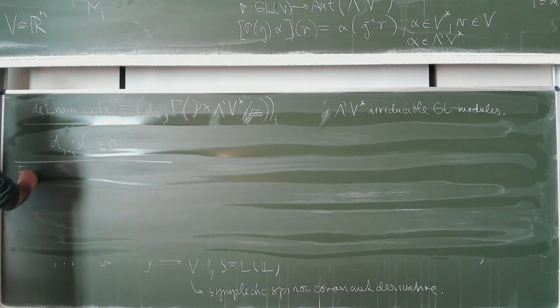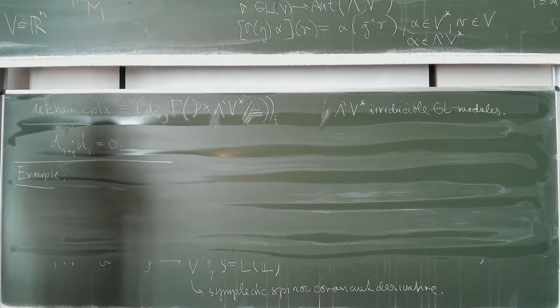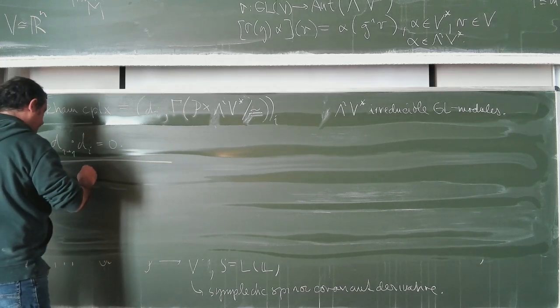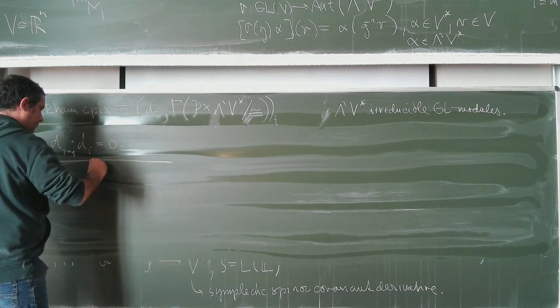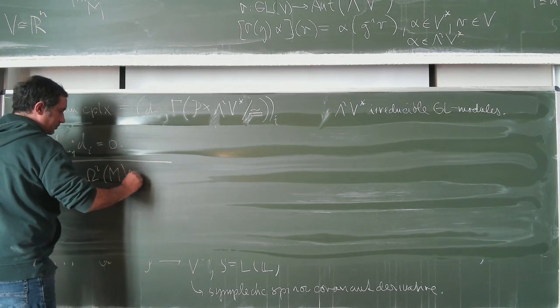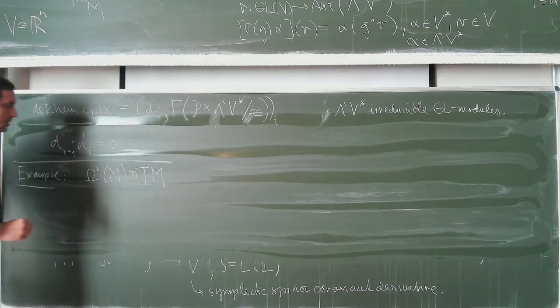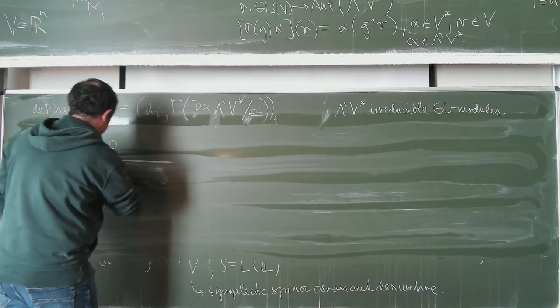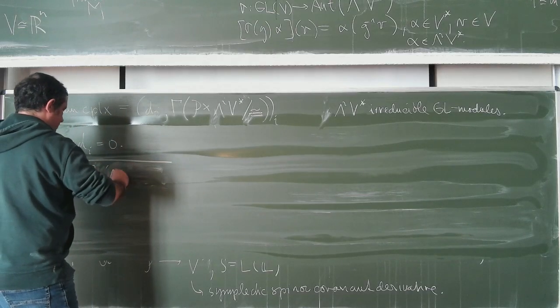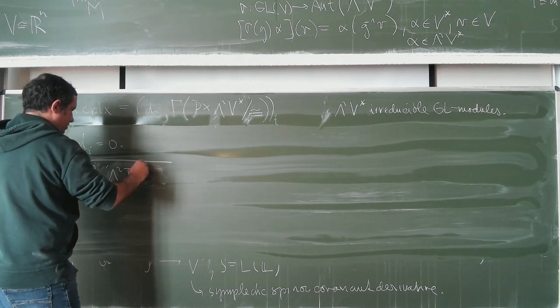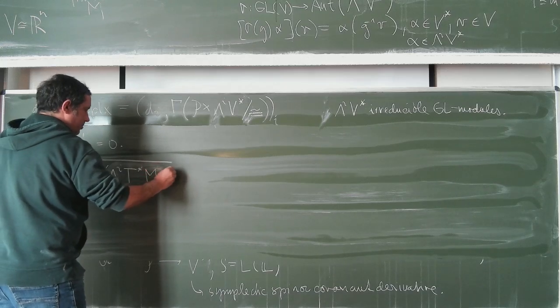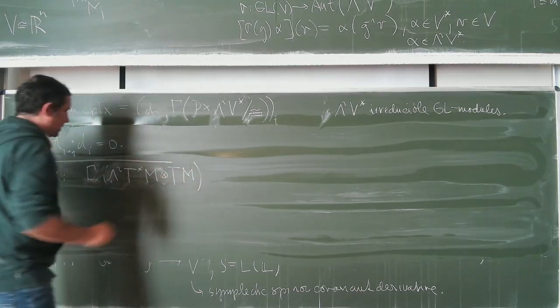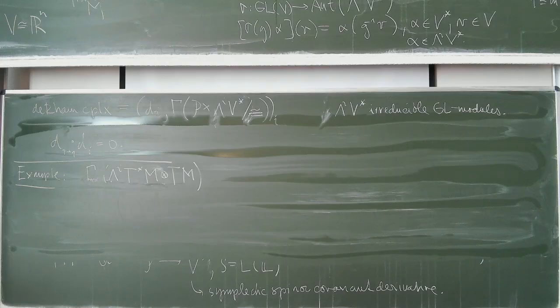A further example: the twisted Dirac complex tensored by the tangent bundle.